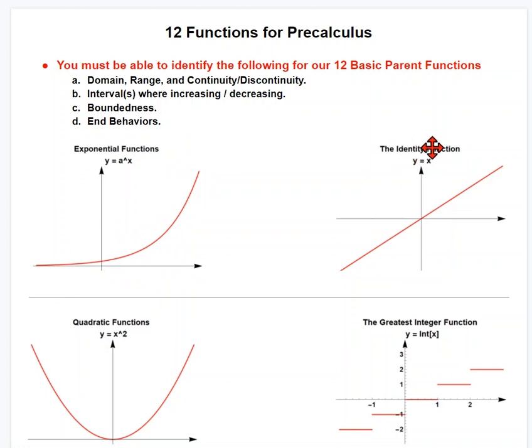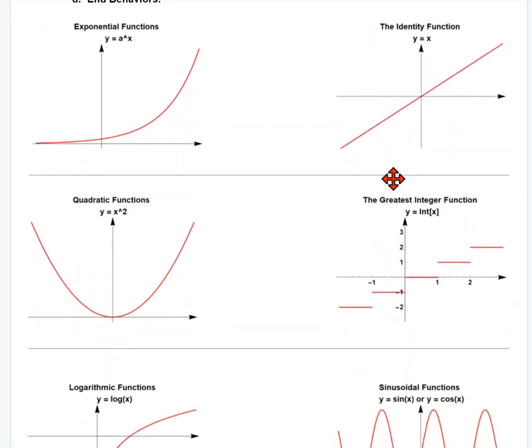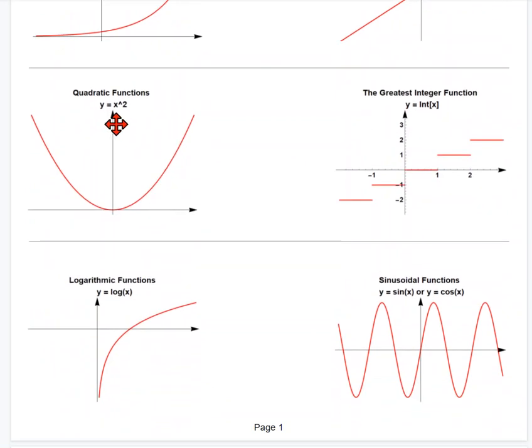Now the identity function, y equals x, is a special form of the linear functions. We should be familiar with linear functions in general, but in particular, this identity function is y equals x. We have the quadratic functions, such as y equals x squared. On quadratic functions, we have portions where we are decreasing, and other portions where we are increasing.